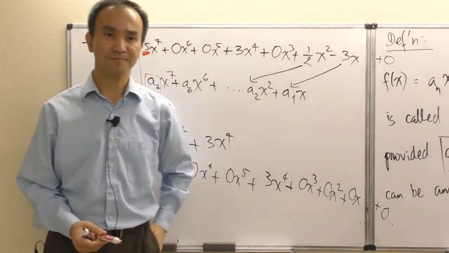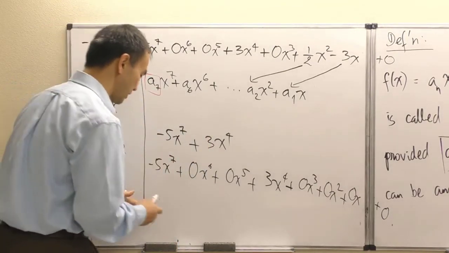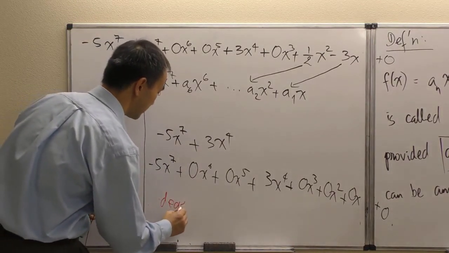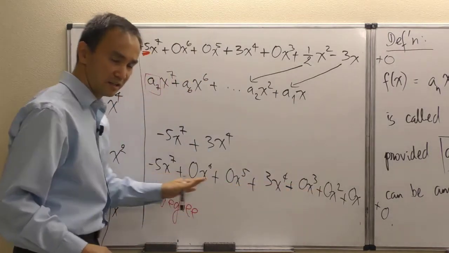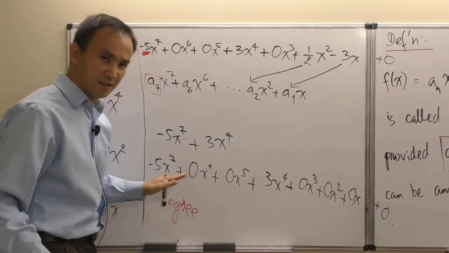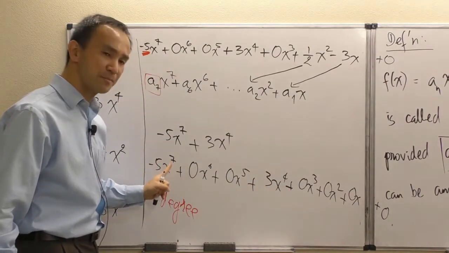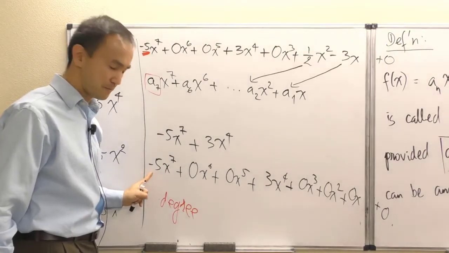Now I can formally say this polynomial is degree 7. Even though I purposely wrote it in a quite lengthy form right here, in the end, the highest power recognized, the one that comes with a non-zero coefficient, is degree 7.